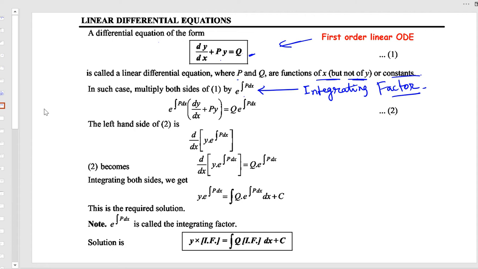Now, if you multiply both sides of this equation, then we can write it in this form: d dx of y times e to the power integration p dx equals q times e to the power integration p dx.